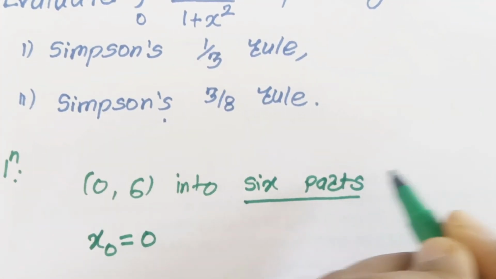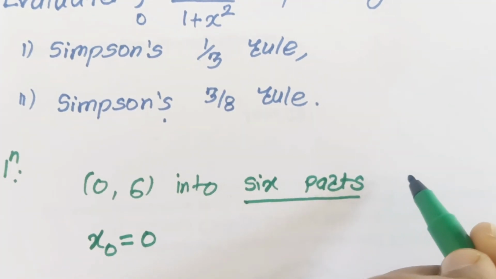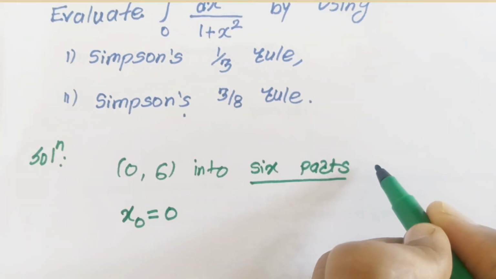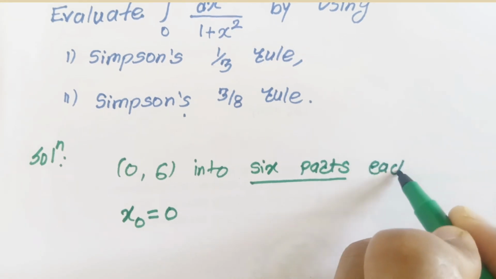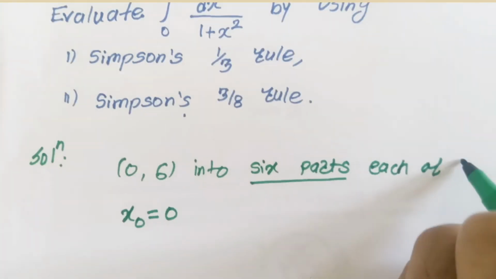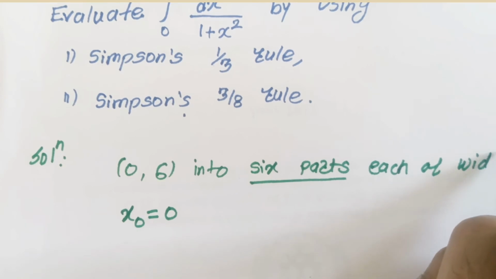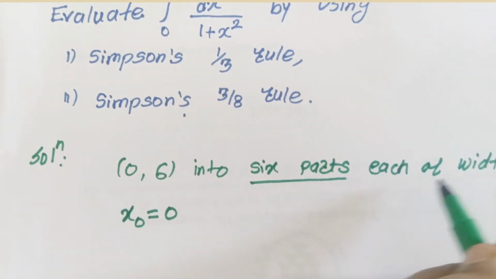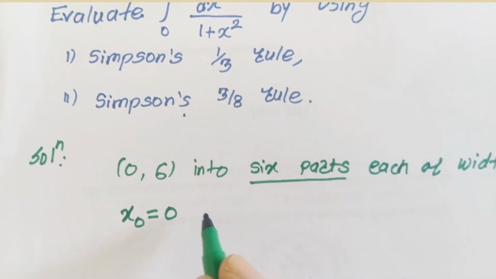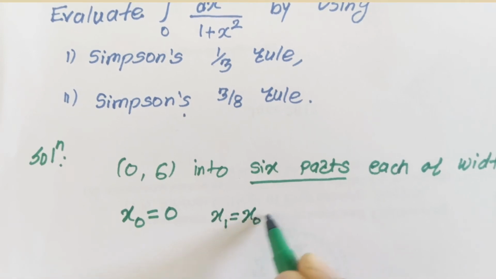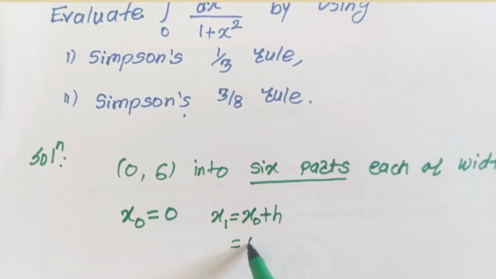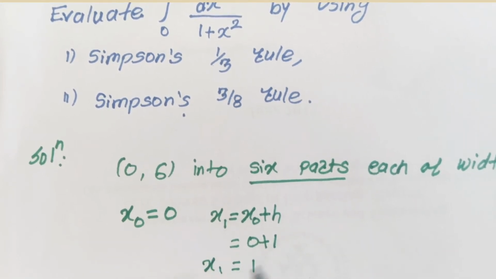So we divide the interval into 6 parts, each of width h equal to 1. So here x0 is 0, x1 is x0 plus h, that is 0 plus the value of h, which is 1, so x1 is 1. Similarly we have to find x2.